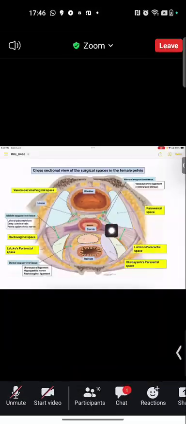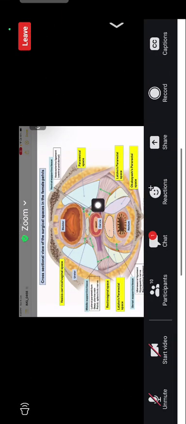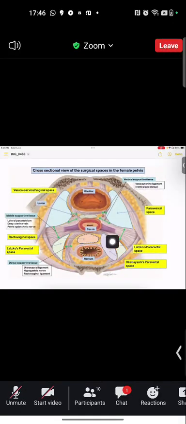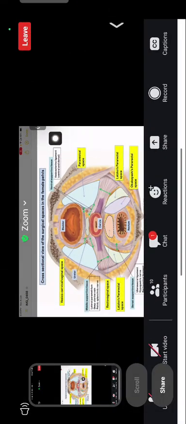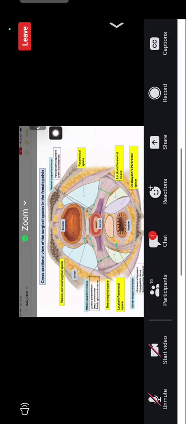This is the cardinal ligament or lateral parametrium. This is Okabayashi space, just lateral to the rectum. Lateral to it is that space, then again the cardinal ligament. Anteriorly are the paravesical spaces. Is that clear?